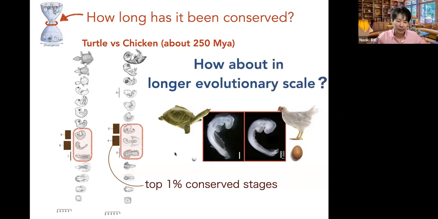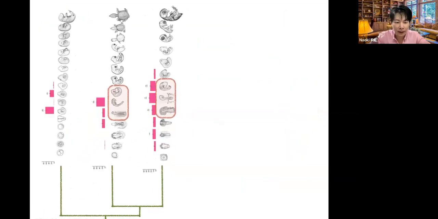So what if I expand the evolutionary scale? I added mouse, and the turtle-chicken conserved stages were still covered by, or overlapped with, the amniote-wide conservation.